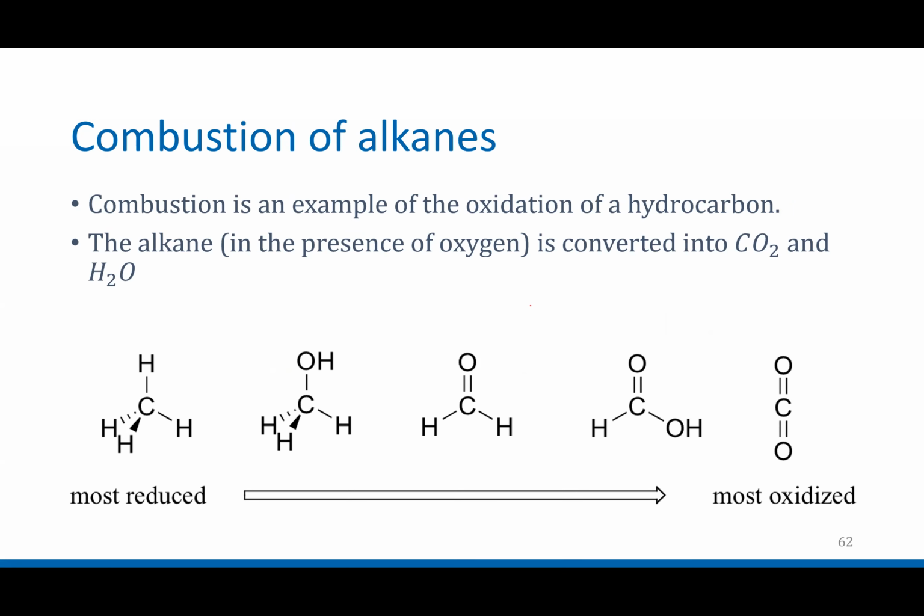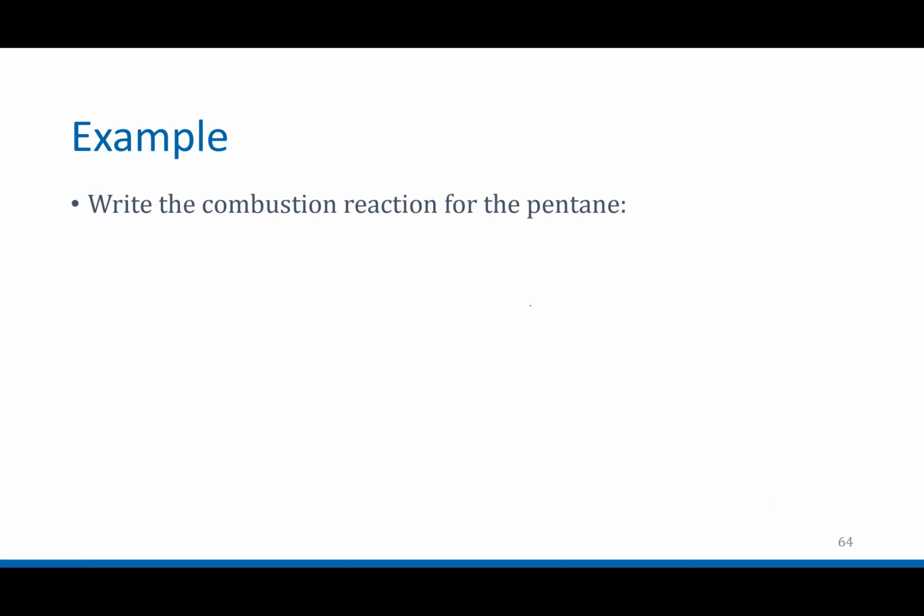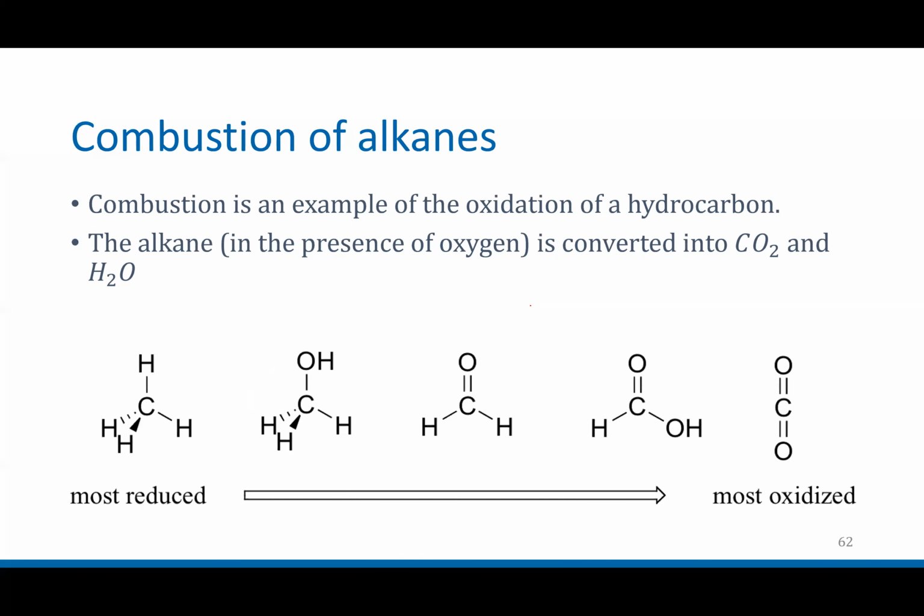So really, you don't need to know much about this. What I'm trying to get you guys into is the big reaction here, the combustion, which you do have to remember. And I'm going to show you how to do that. But combustion is an example of oxidizing a hydrocarbon. So if we started with something like on the left, we have methane.